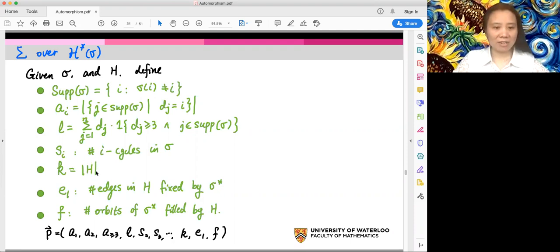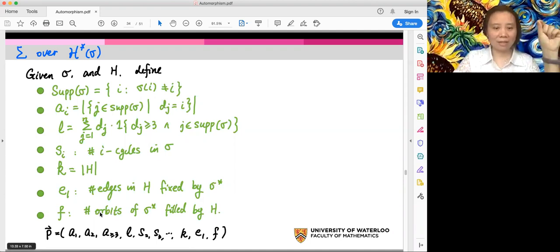K is the number of edges in H. E1 is the number of edges in H fixed by this sigma. That only happens if you have two vertices that swap with each other and there's an edge between them, so under this swapping, this edge is fixed.